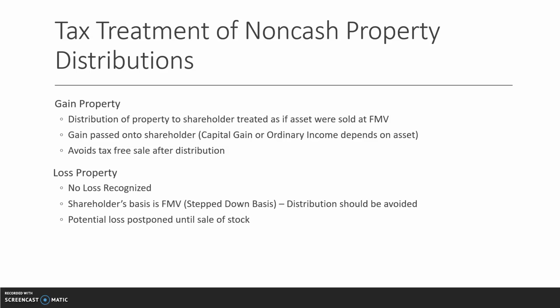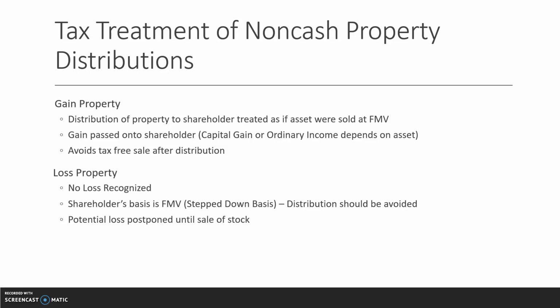That gain is going to be passed through to the shareholder, and whether it's capital gain or ordinary income depends on the nature of the asset. And the reason why this is set up is so that the shareholder doesn't get to enjoy that step up in basis, because the shareholder assumes it with a basis that is fair market value, and then they can sell it tax-free later. So that's why there is a gain recognized when it's passed on.